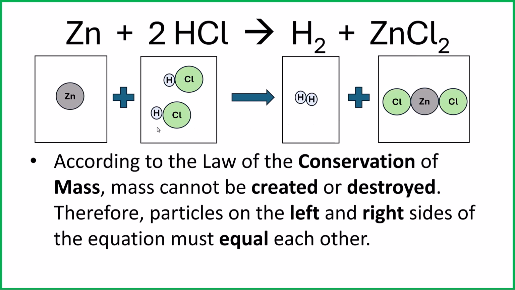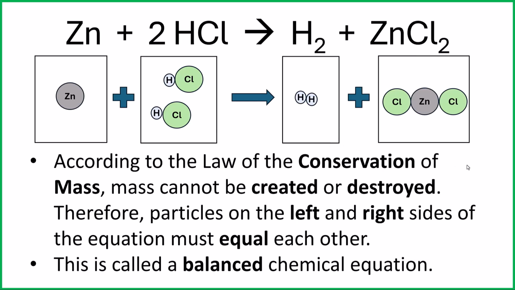So this equation is balanced. And none of these particles are disappearing. None are being created in the process of this chemical reaction. There is the same number of particles on each side here for each of those elements. And this is called a balanced chemical equation.